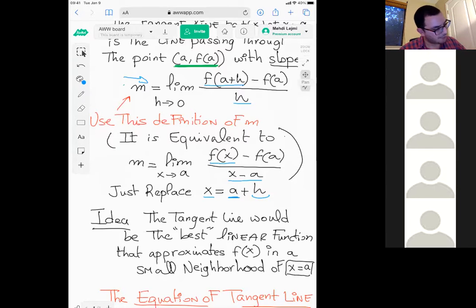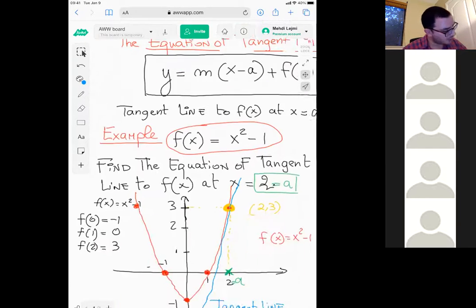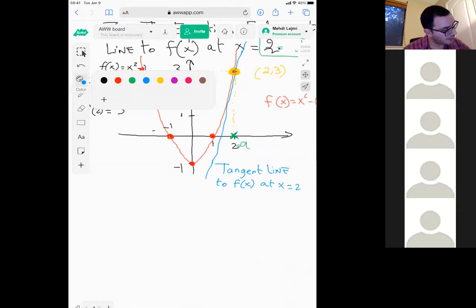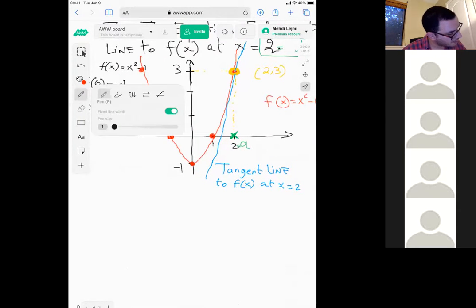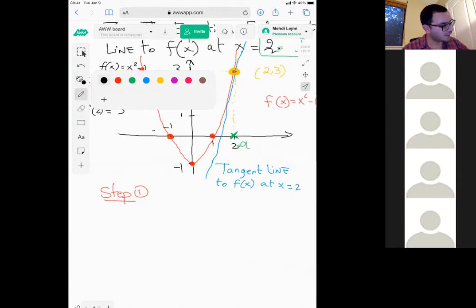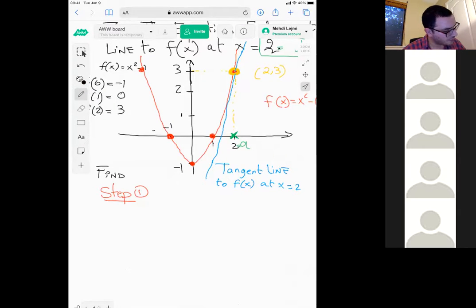Anyway, so let's find the equation of this tangent line. So step one. Here, what we are doing, guys, is we're going to find the equation of the tangent line to f of x at x equal to 2.